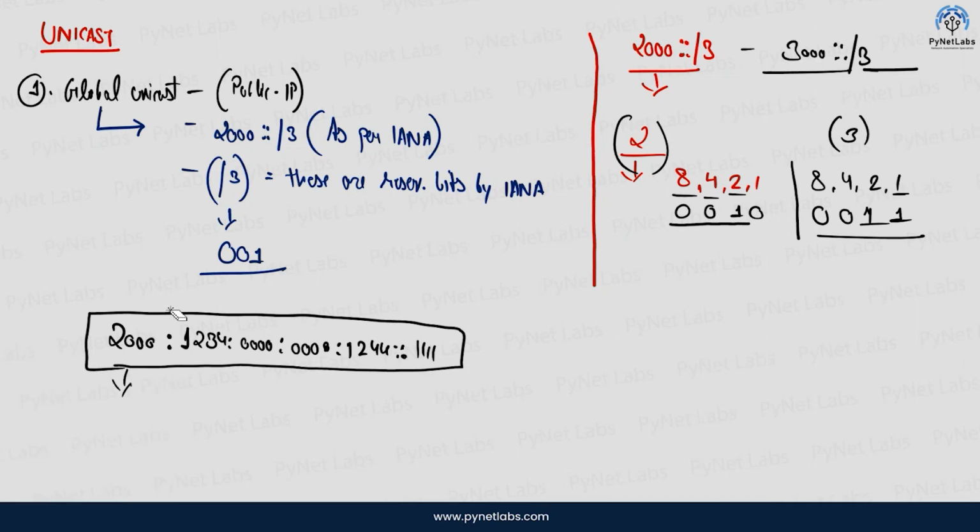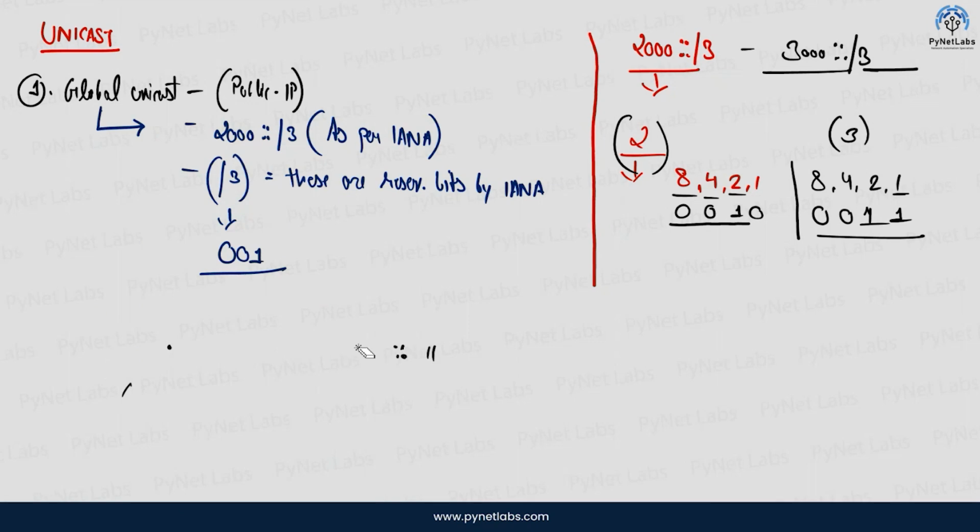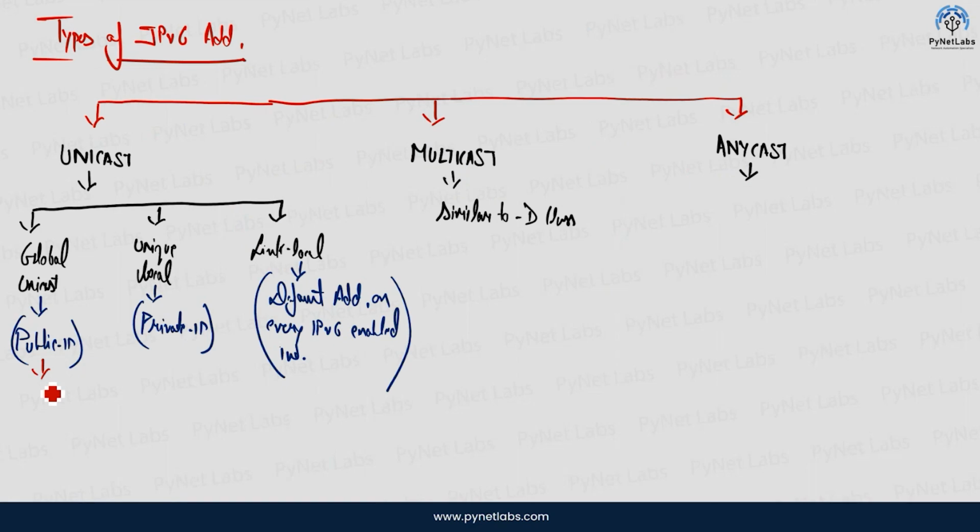So any IP in the range from 2000 double colon /3 to 3000 double colon /3 will be considered a public IP.